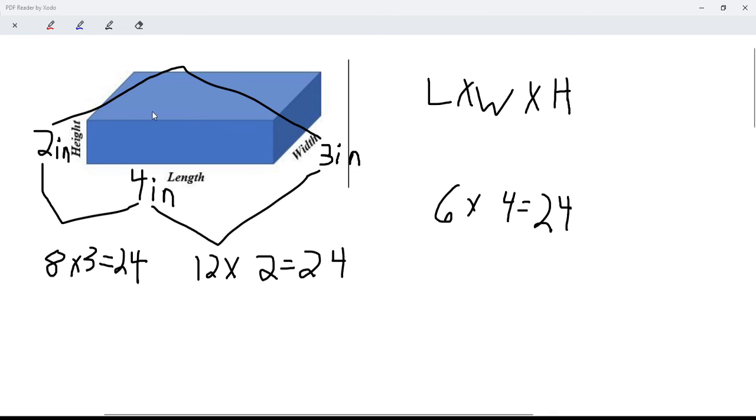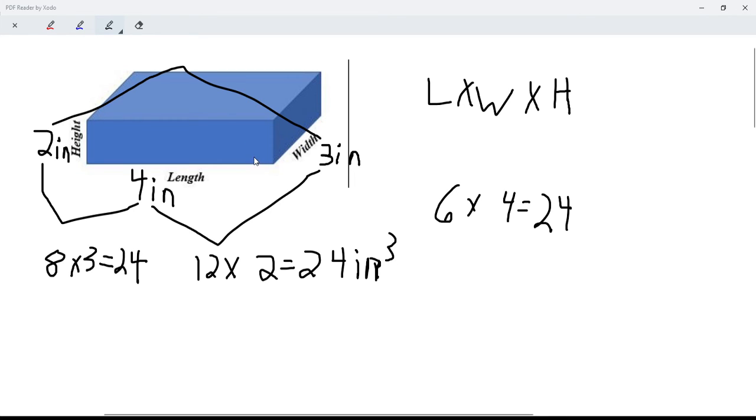So if we were just doing two dimensions, it would be 24 inches, and then you would put a 2 here. But when we are doing volume, we actually put a 3 there, and it's called 24 inches cubed, right?